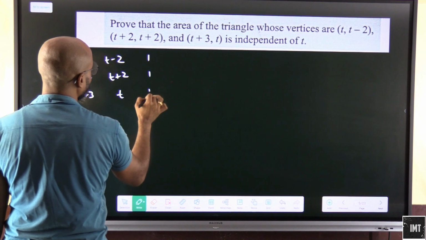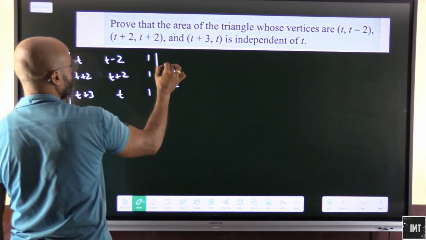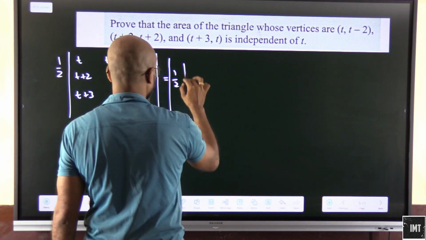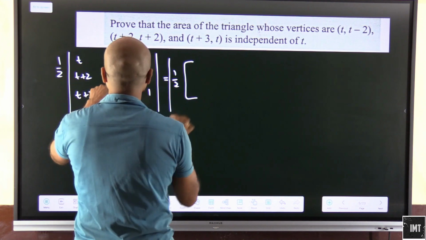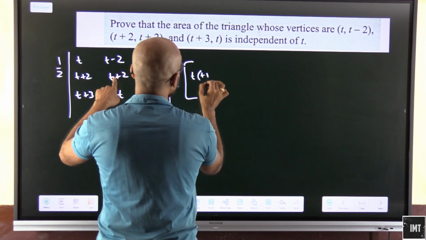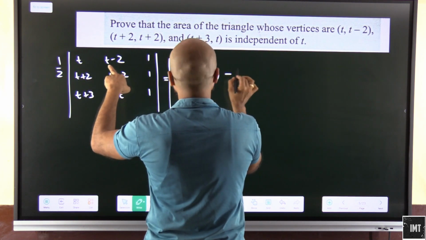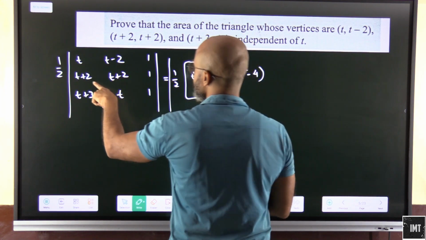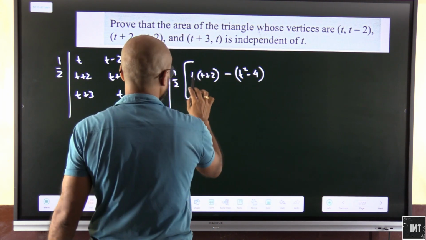We have 1 1 1. So this will be half into, what will be the value here? Half, t into t plus 2, t into t plus 2, minus this will be t square minus 4... no, I am wrong here.